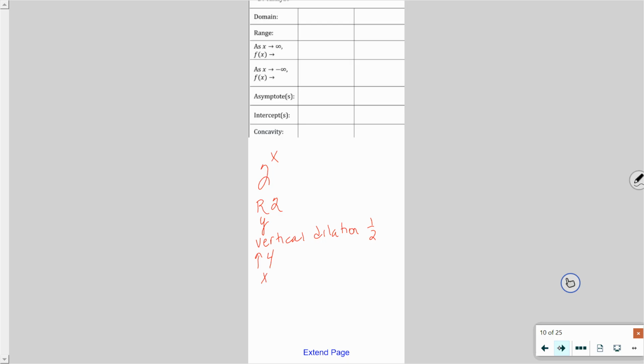So I want you to write a new function. Simplify the new function if possible. Sketch it, analyze it.